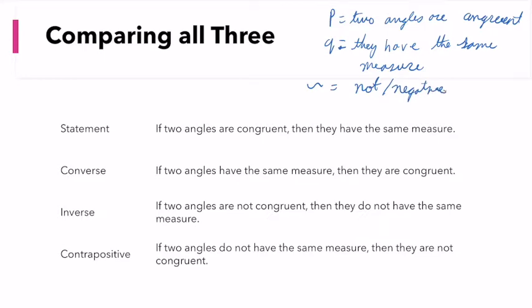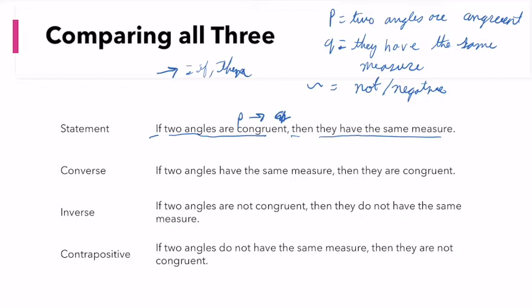So the statement, if two angles are congruent, then they have the same measure. This arrow here means if then. I would have P implies Q. P if then Q. The converse of that is if it's flipped, right?